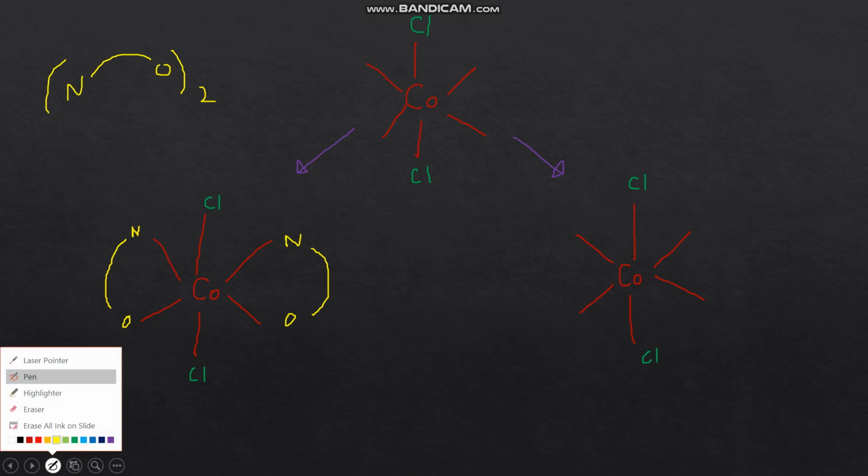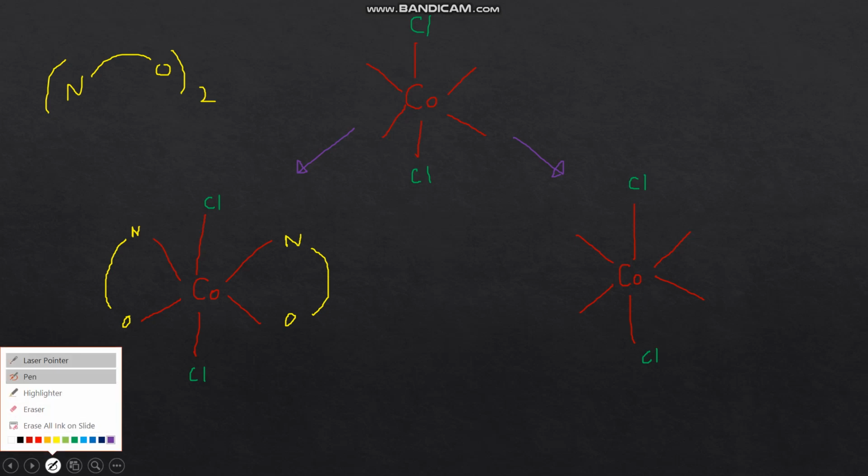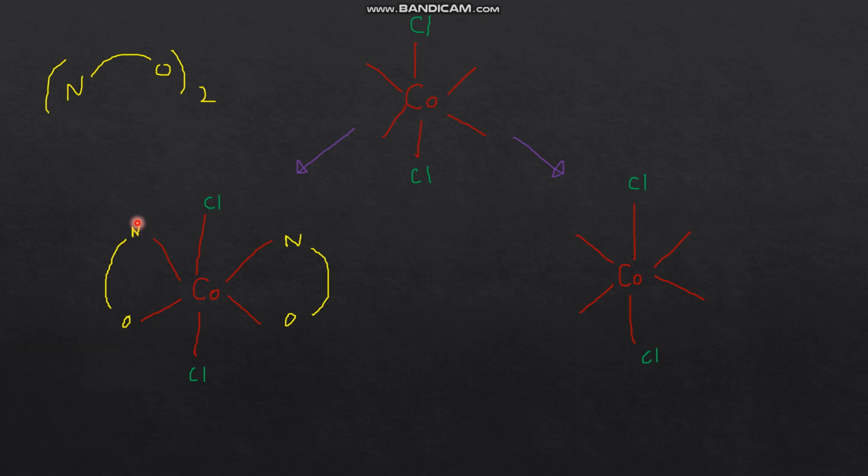Now what is our duty now? You have to consider the opposite pairs. As you can see the opposite pair for this nitrogen, let me just have the laser pointer so that it will become easier for you. As you can see, this nitrogen is opposite to this oxygen, and this nitrogen is also opposite to this oxygen.